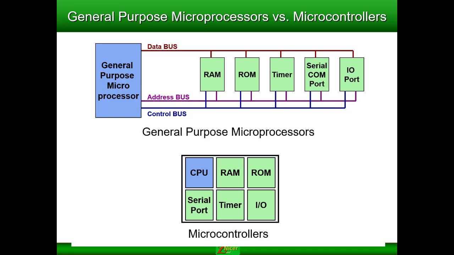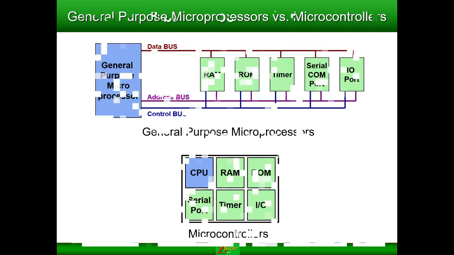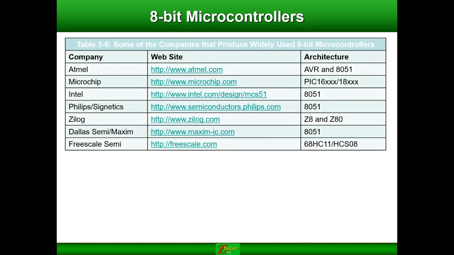So it does not need such a big setup for all of them to be connected together. Then we have our 8-bit microcontrollers. These are some of the commonly used ones. We have our Atmel one, Microchip, Intel, Philips, Zilog, Dallas Semi, and Freescale Semi.